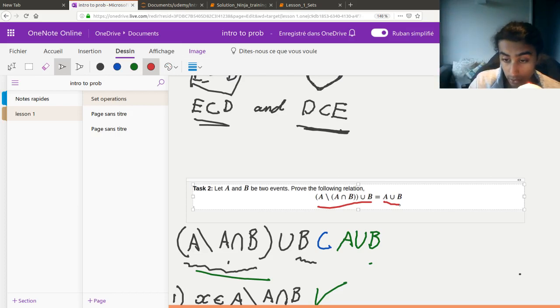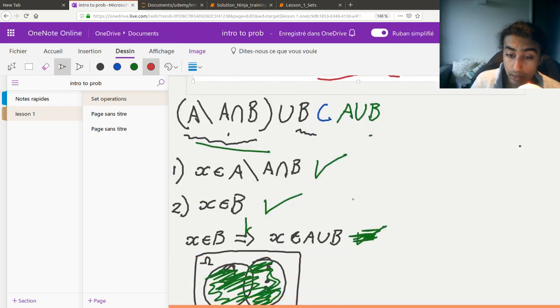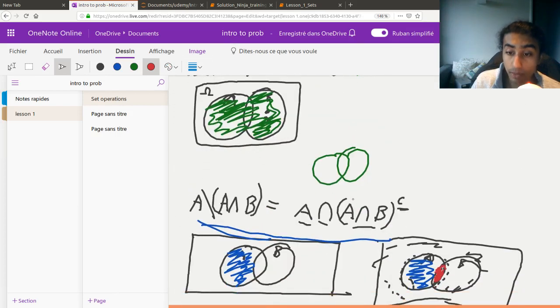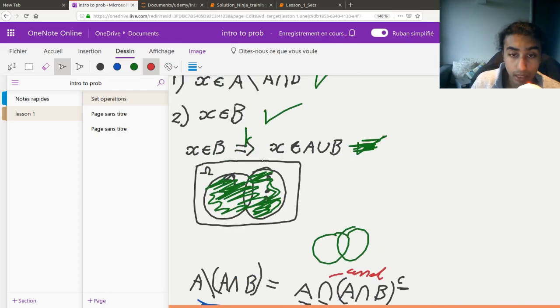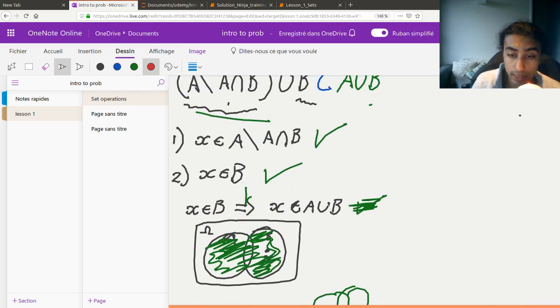So just a quick recap. We wanted to prove that this and this set were equal. So what we had to do was prove that this set was a subset of this set, and then we had to prove this set was a subset of this set. And we managed to do that. And we also learnt about how to deal with these operations here. So this one means and, intersection, and this kind of thing means or.